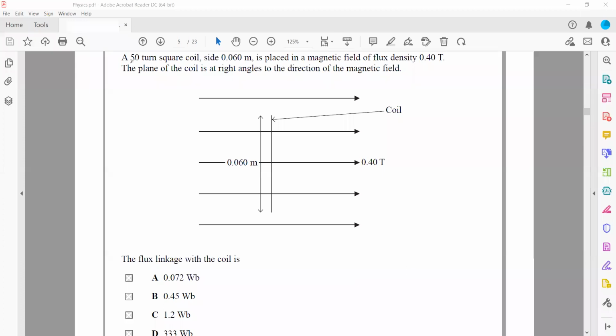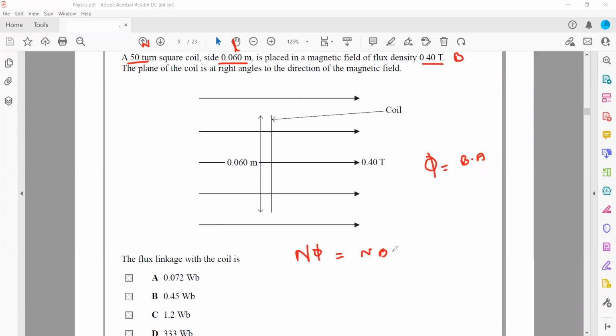So there are 50 turns and 0.06 is the length, n is the number of turns, and the magnetic flux density B is 0.4 Tesla. We want the flux linkage, so we need N phi, and because it is perpendicular, phi is equal to B dot A, that is the maximum when it is perpendicular.